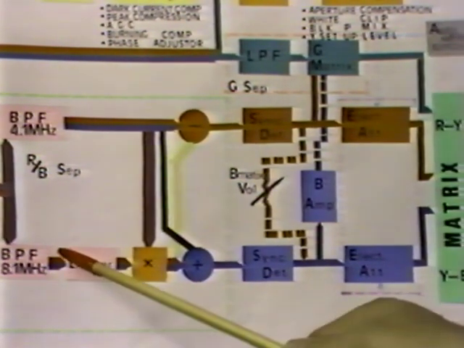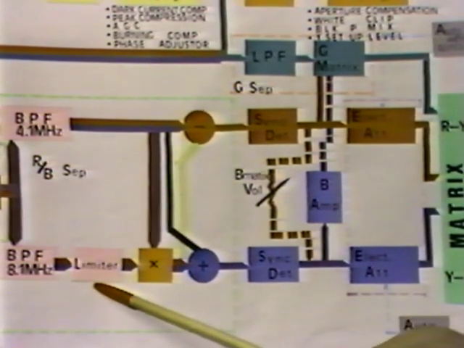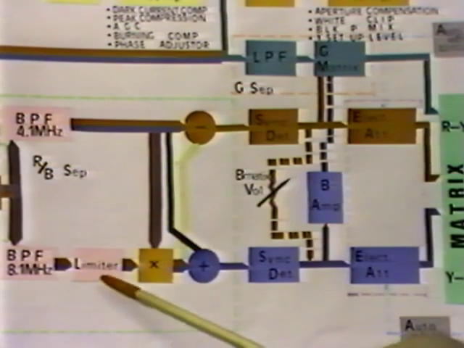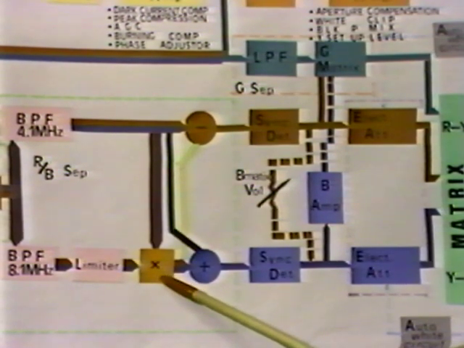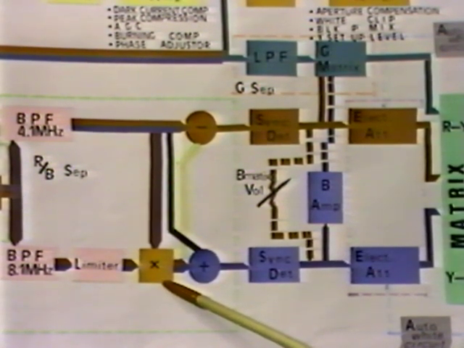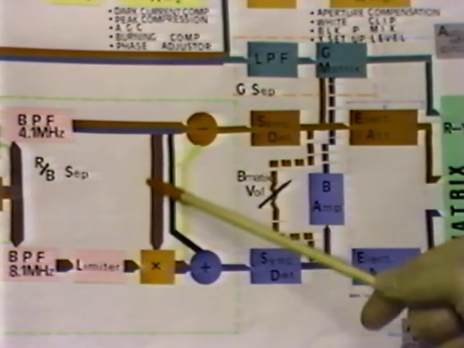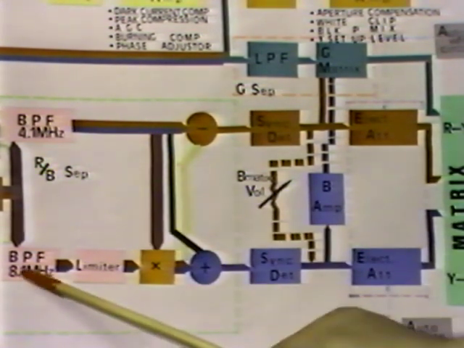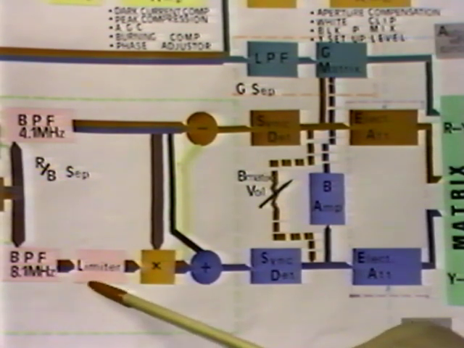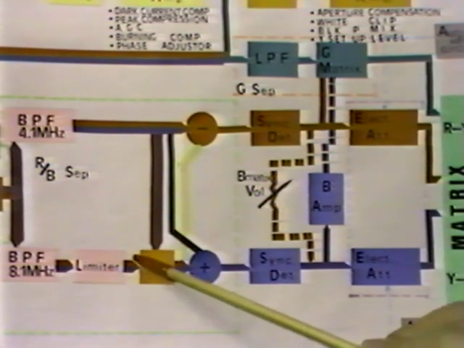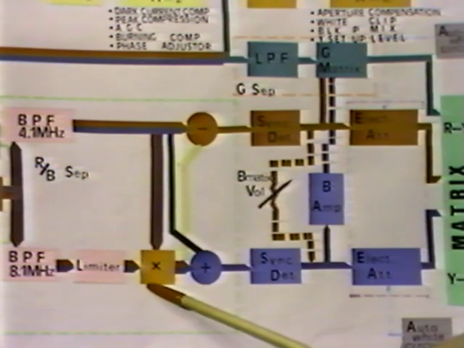This extracted second higher harmonic furthermore takes a sufficient amplitude limitation from the limiter and goes to the multiplier. The multiplier executes the multiplication of the 4.1 MHz fundamental and the 8.2 MHz higher harmonic.